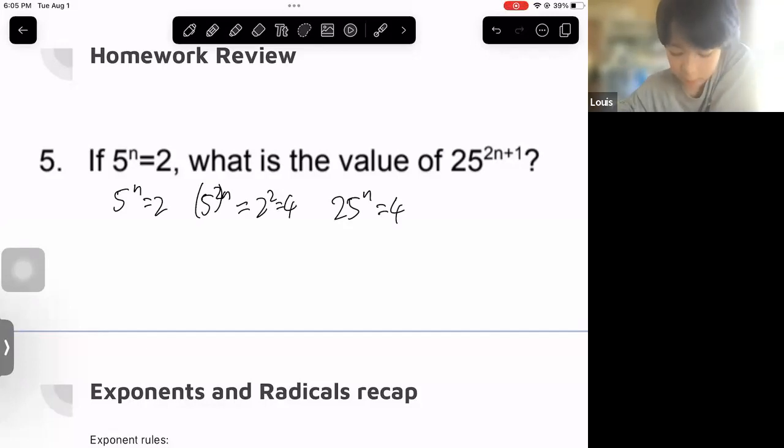And if we square both sides of this expression again, it will give us 25 to the 2n equals 16. But we're asked to find 25 to the 2n plus 1.